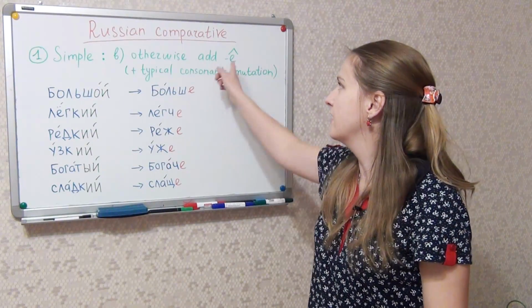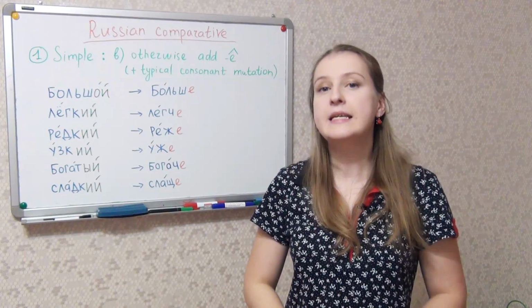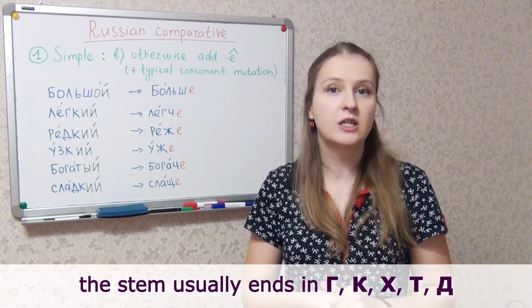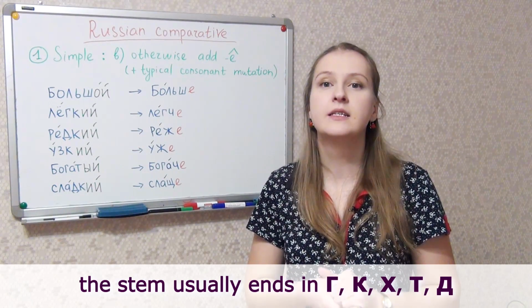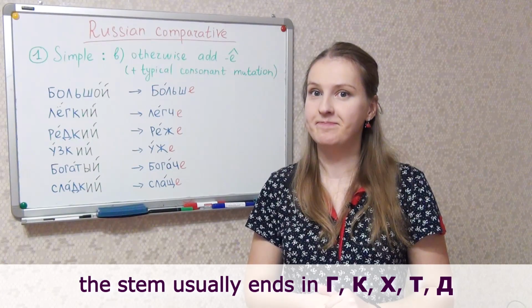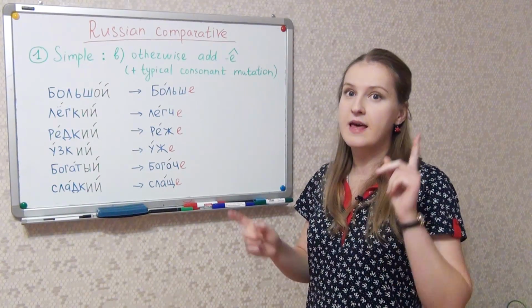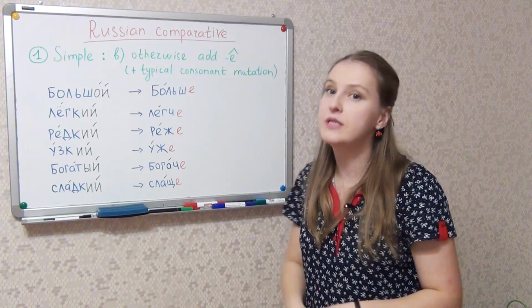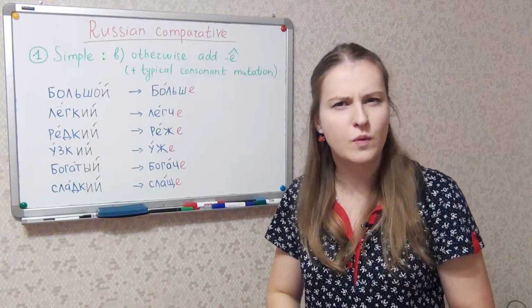Otherwise, we add the suffix «е». Mostly here, the word stem ends in «г», «к», «х», «т», «д». Notice that within these words, typical consonant mutation takes place. Do you know what it is?